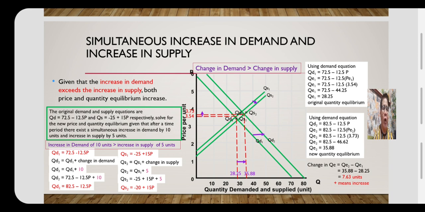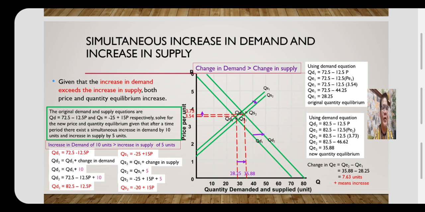Now we can compute for the change in quantity equilibrium. The change in quantity equilibrium can be solved by just getting the difference between the new quantity equilibrium and the original quantity equilibrium. That is, QE sub 2 minus QE sub 1.